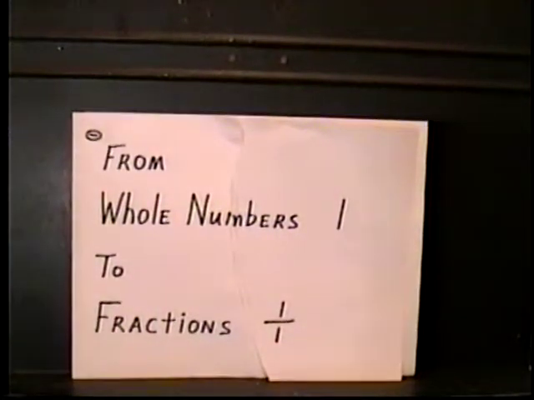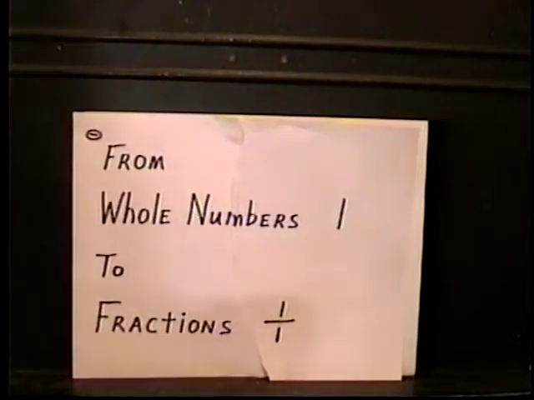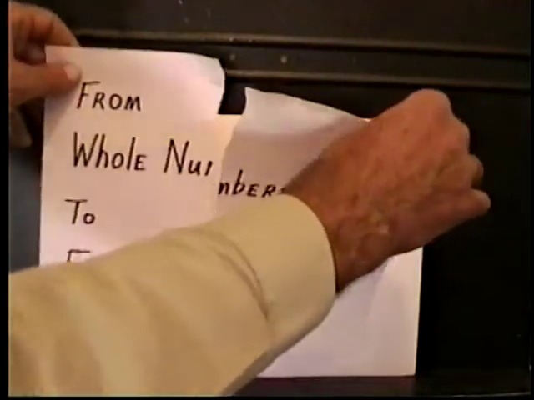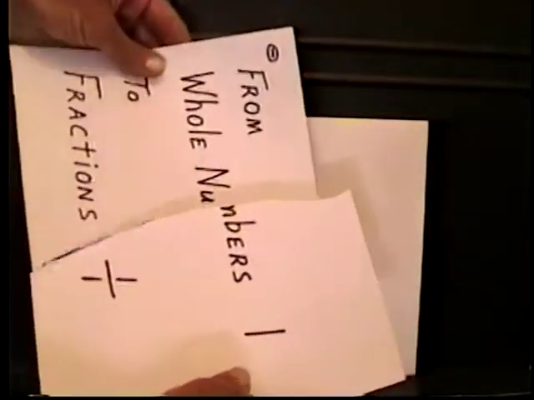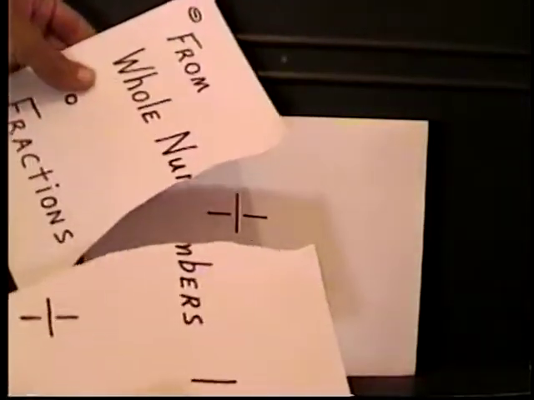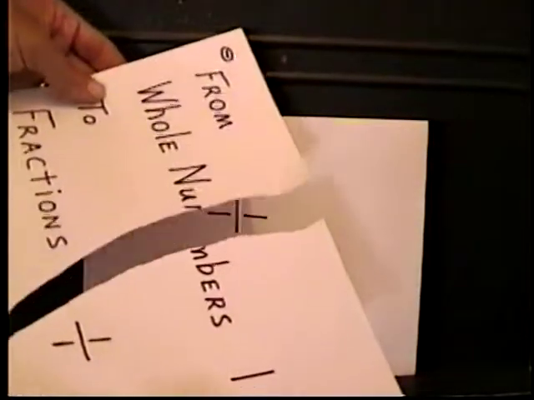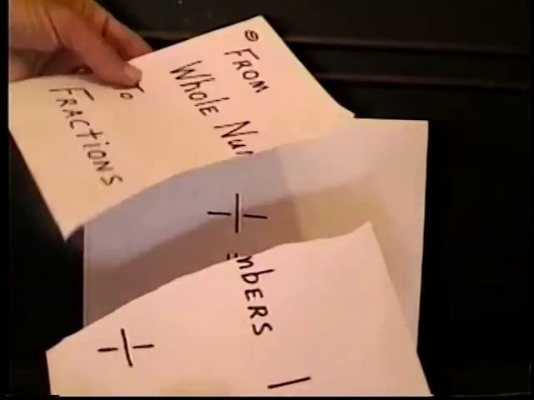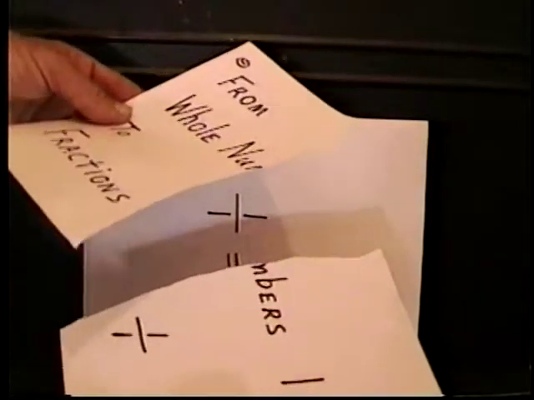There are 3 ways that we can say what we have right now. I could say, if I take these 2 pieces of paper and take one piece in one hand and one in the other hand, I have one piece of paper in one hand and one piece of paper in the other hand. Or I could say I have a fraction of a sheet of paper in one hand and a fraction of the sheet of paper in the other hand.